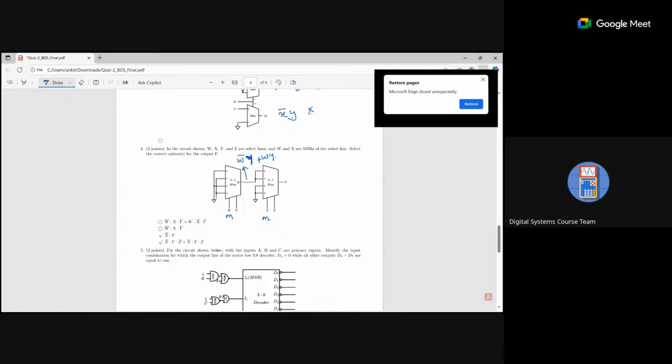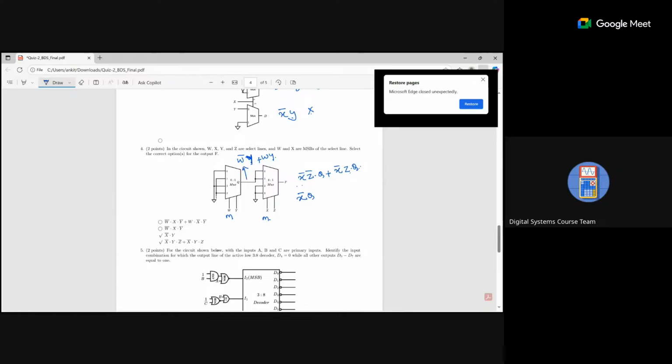So X bar Z bar Q plus X bar Z into Q. From those two points, I just take X bar Q as common. So Z plus Z bar is eliminated.